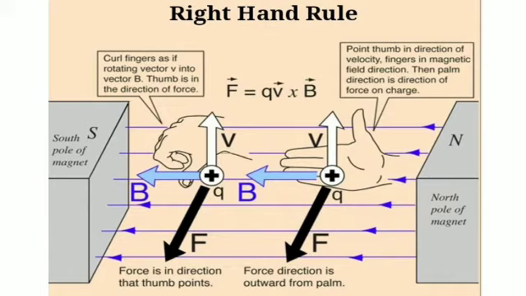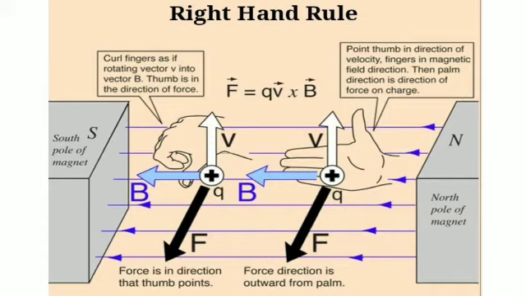Ampere stands for current and meter is for velocity or distance. So finally the magnetic force will be qvB, that is q times vector v cross product vector B. Hope you understand the relation between force in an electric field and force in a magnetic field.